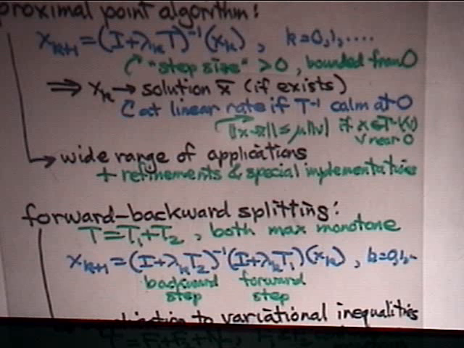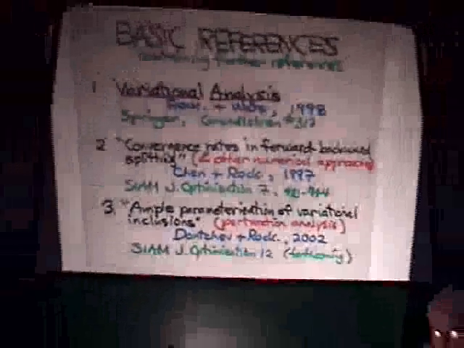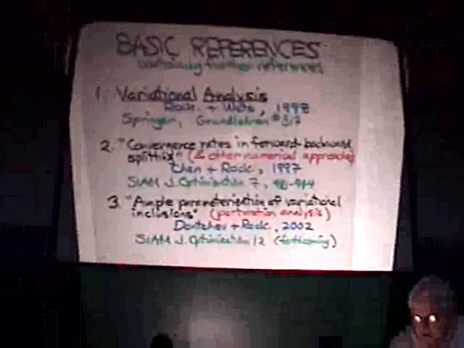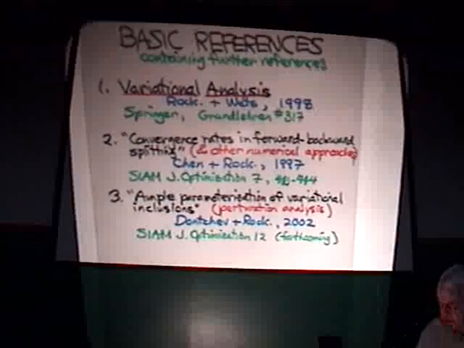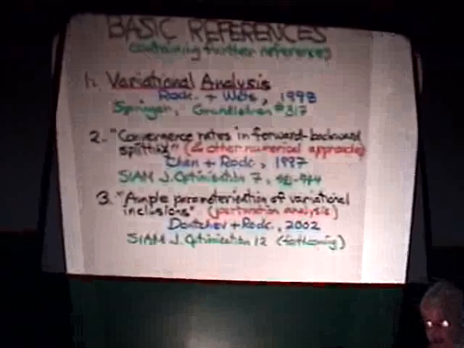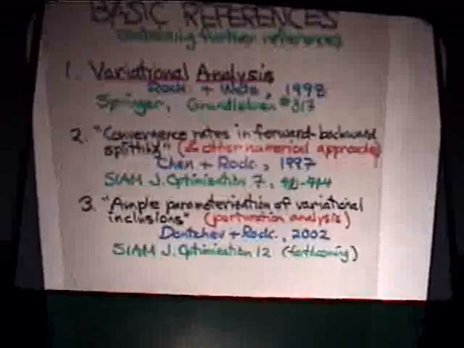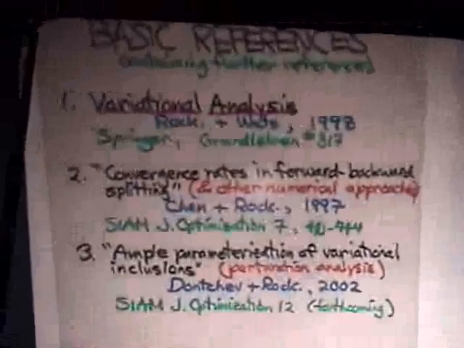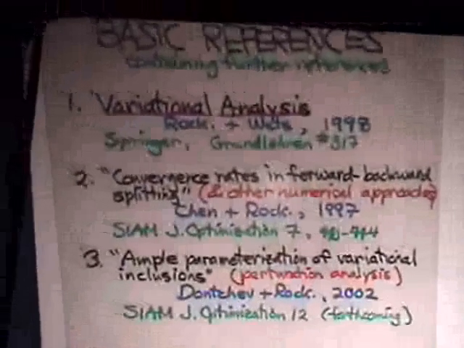So I just wish to conclude by, since I didn't give many references in the talk, putting down a couple of references. A book written by Roger Wets and myself, Variational Analysis, in the Springer Verlag series on Grundlehren, came out several years ago, and is a large book. It's pretty comprehensive.